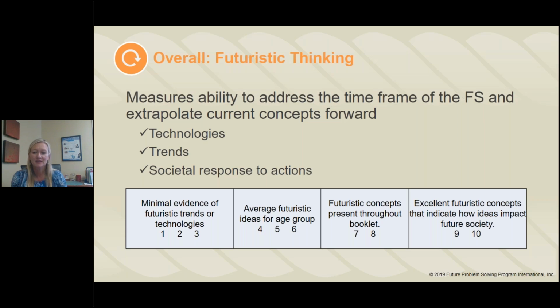So those highest scores are reserved for that excellent use of futuristic concepts and how the items that are identified throughout the problem-solving process will really impact the future society in that future scene. If they're just average futuristic ideas for the age group, that's where they're going to score the 4, 5, and 6. Minimal evidence of those futuristic trends or technologies would score in the 1, 2, and 3.